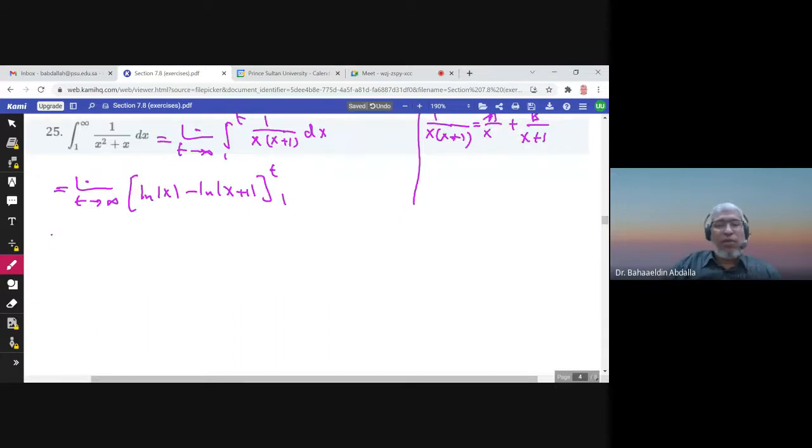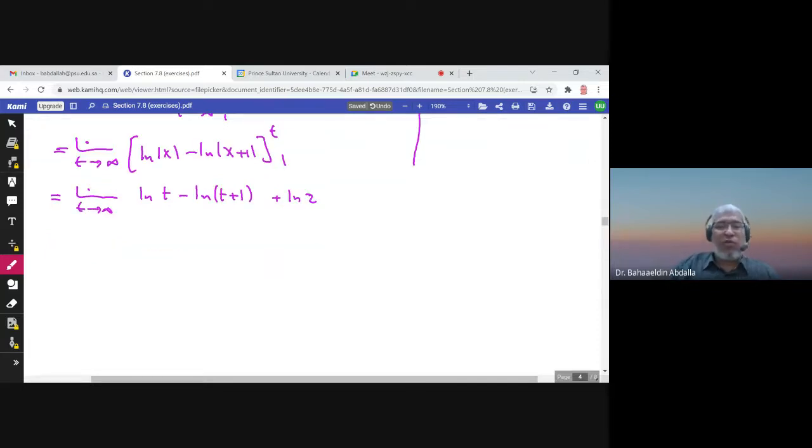So this would be the limit as t approaches infinity of ln t, which is positive because it's approaching infinity, minus ln of t plus 1, minus ln 1, that's 0, plus ln of 1 plus 1, which is ln 2. Now, I have here ln infinity, which is infinity, minus ln infinity, which is infinity. Infinity minus infinity is an indeterminate form.